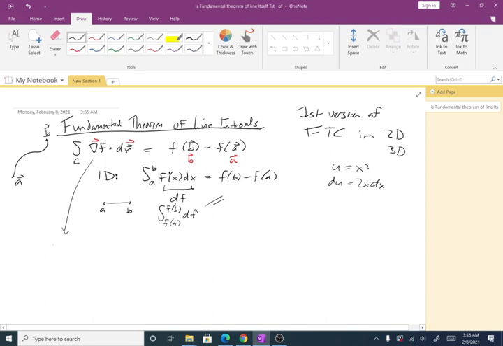Well, in higher dimensions, what we're really doing is saying that the gradient of f dot dr is also df. But now, because f is a function of x and y, or x, y, z in 3D, we need more terms. We have fx dx plus fy dy, and this, of course, is just gradient f dot dr. So that means the integral of gradient f dot dr is really just the integral of df.